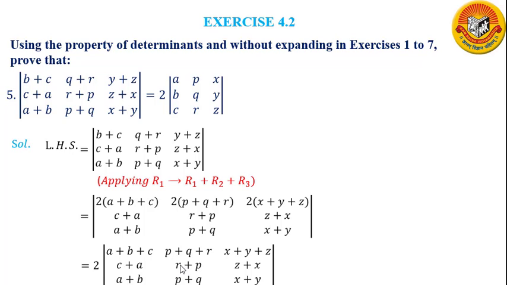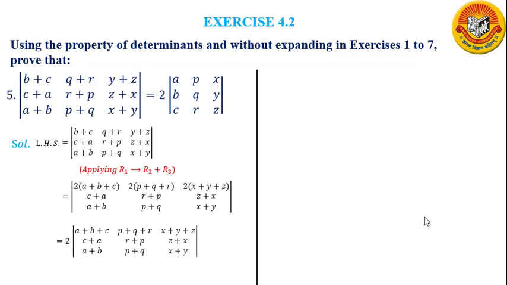Similarly R and P will cancel and I will get Q, and here Z and X will cancel and I will get Y. So on R2 I am getting B, Q and Y. Let us check whether the same principle will apply to this third row, A plus B. If I subtract this row from the first row, then A and B will cancel, I will get only C. So yes, this principle is applying. So let us apply on R2, R1 minus R2, and on R3, R1 minus R3.